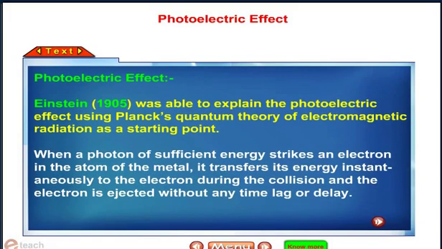Photoelectric effect. Scientist Einstein in 1905 was able to explain the photoelectric effect using Planck's quantum theory of electromagnetic radiation as a starting point. When a photon of sufficient energy strikes an electron in the atom of the metal, it transfers its energy instantaneously to the electron during the collision, and the electron is ejected without any time lag or delay.